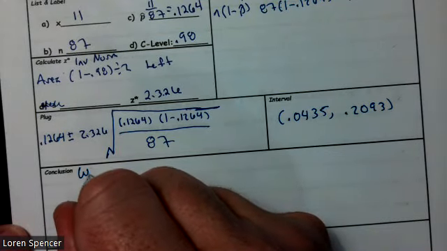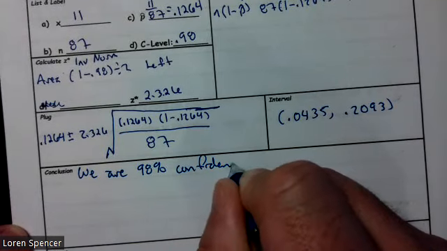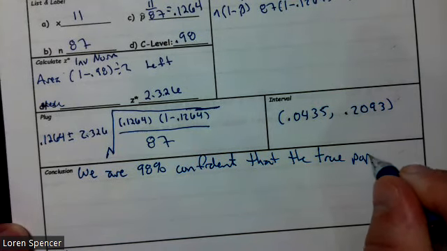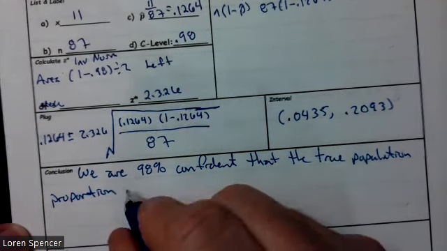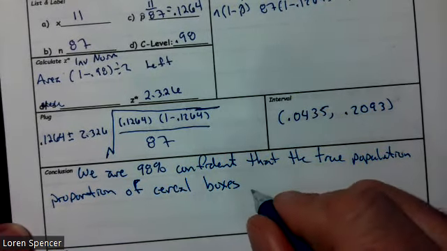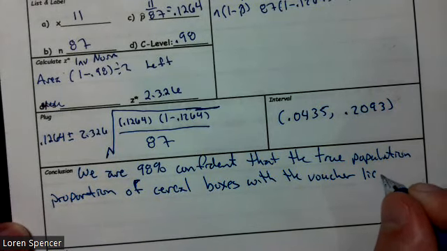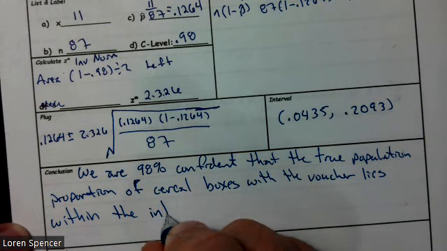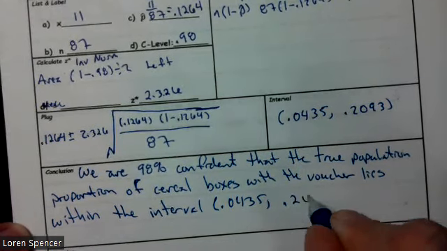So what are we? Well, we are 98% confident that the true population proportion of cereal boxes with the voucher lies within the interval 0.0435 to 0.2093.